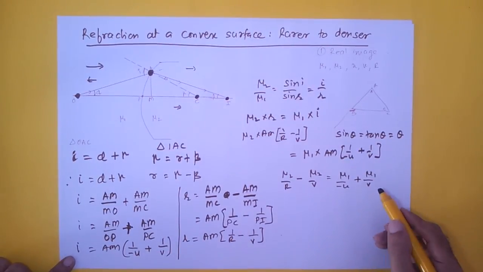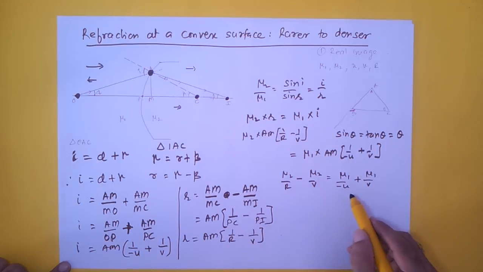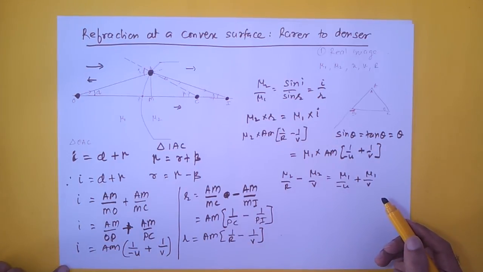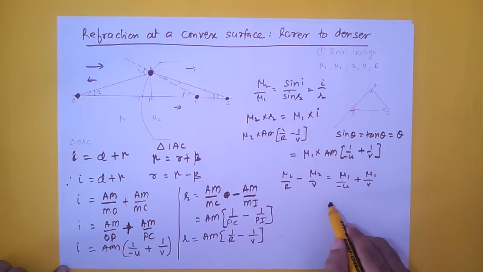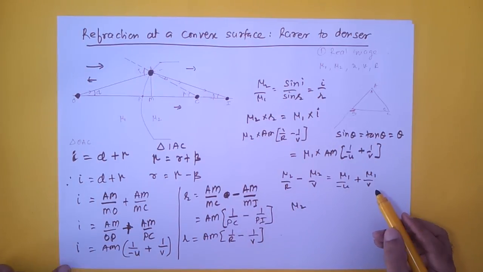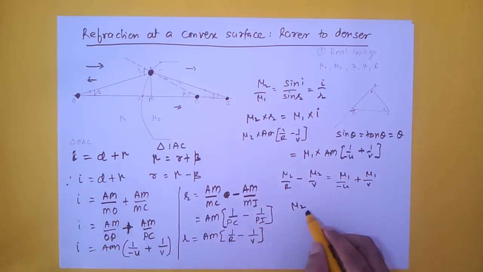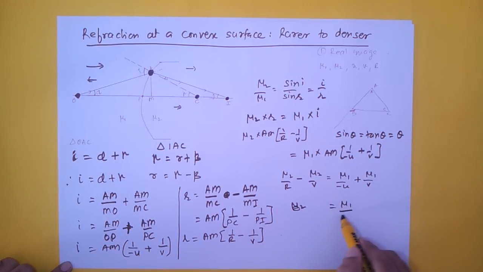And if I rearrange this in such a way that I get mu2 minus mu1, let us say this is mu1, mu2 upon mu1. This is R minus v over here, so I will take mu2 upon mu1 is equal to mu1 upon minus u.